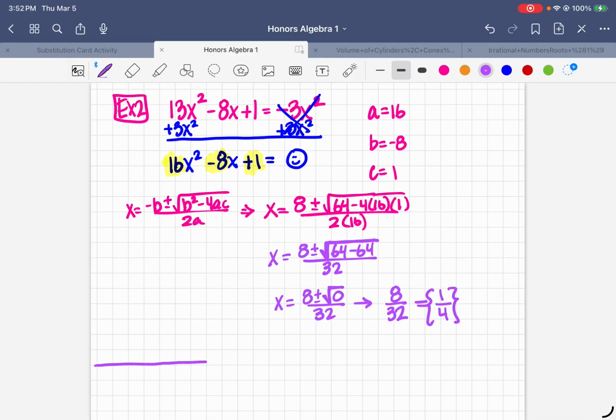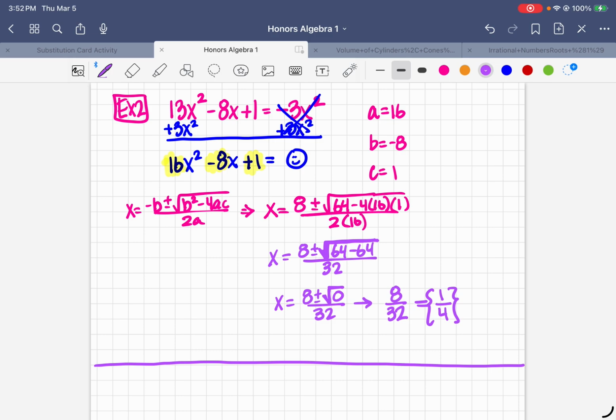I want to show you one more type of example, because we've learned how to simplify square roots and we know how to simplify fractions. So far, in every one of the problems we've had, you could take the square root of b squared minus 4ac; they were perfect squares.